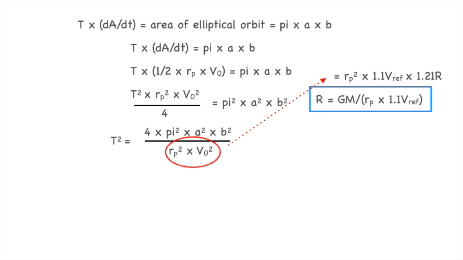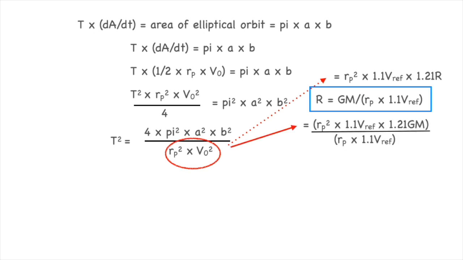We have also found earlier that capital R equals GM divided by the quantity r sub p times 1.1 times v reference. Let's take this value for R and substitute it into the equation above. At first glance, it appears that things are getting even more complicated.